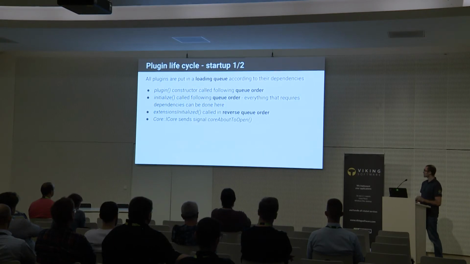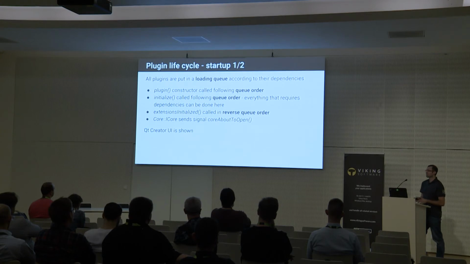And then, just before the UI is shown on screen, just before you as a user can see Qt Creator, the core plugin sends a coreAboutToOpen signal, so you know that something is going to happen. And then the Qt Creator UI is shown on screen.